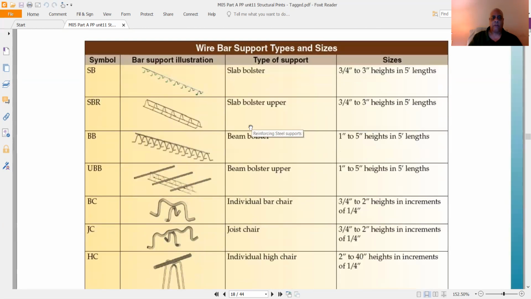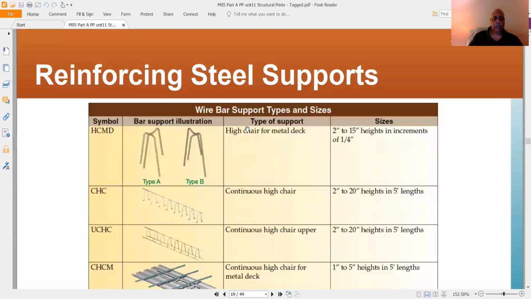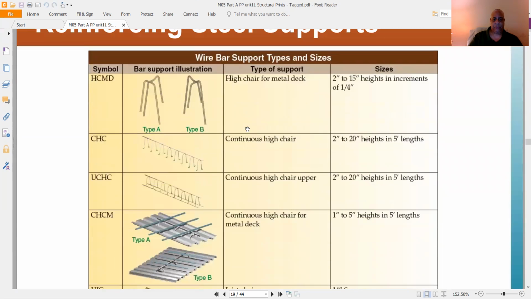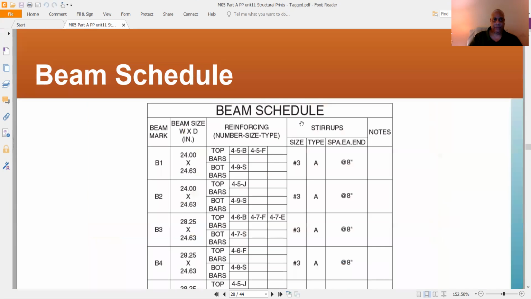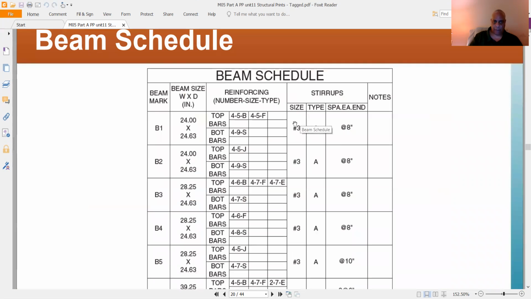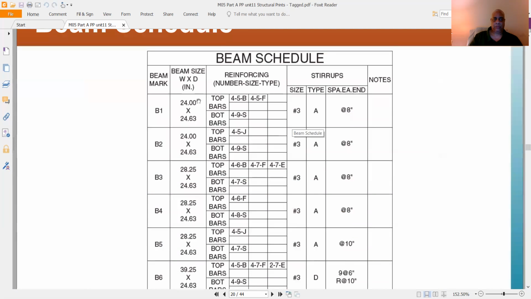I'm just giving you an overview of what's involved when it comes to structures. Here are more chairs. Different sizes, different types. Now, just like your column, you have a beam schedule. Your size, your beam mark, your reinforcement, your stirrups.